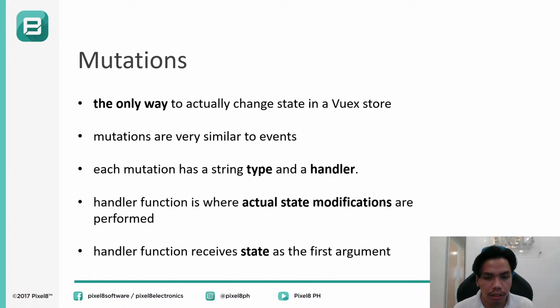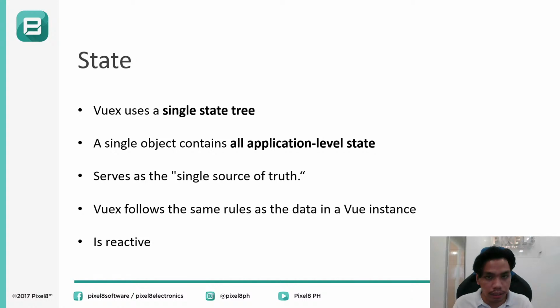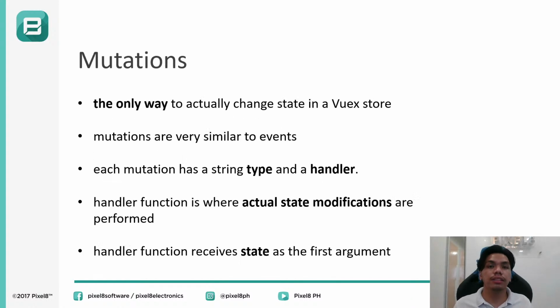Anyway, going back, since each mutation has a string type and handler, mutations are in a sense functions. They are functions that are called by actions by using commit. The handler function also receives the state itself, the previous one, as its first argument.